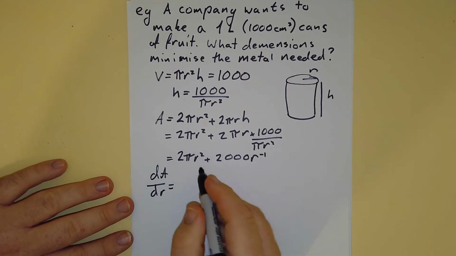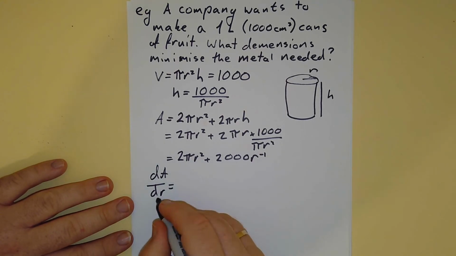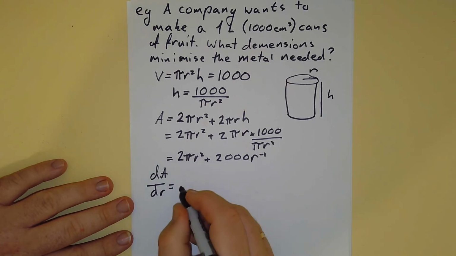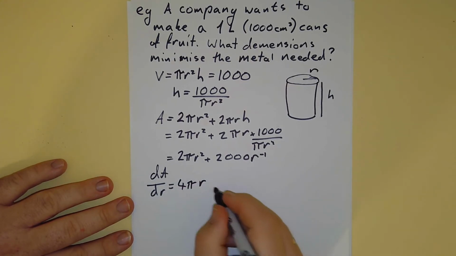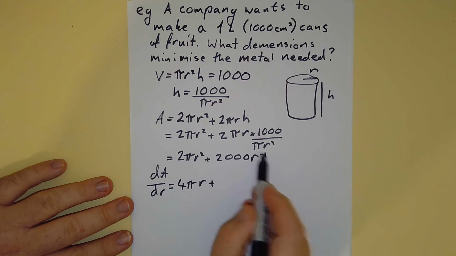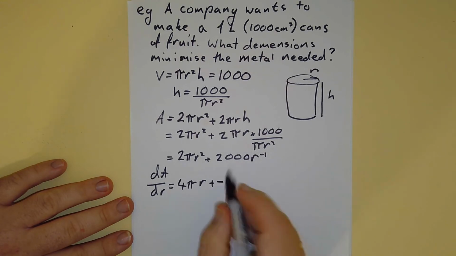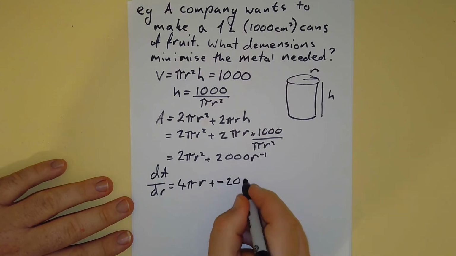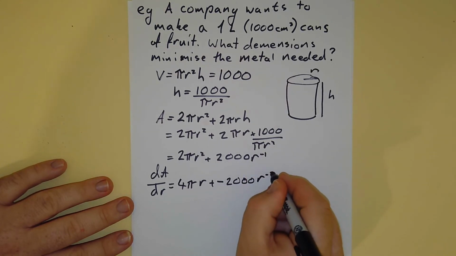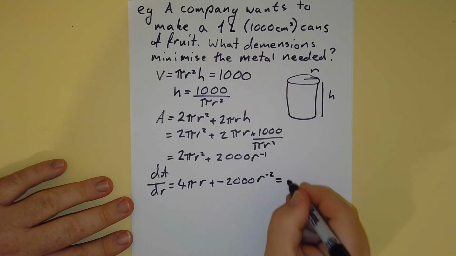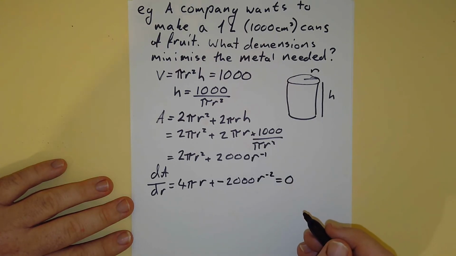The derivative of 2 pi r squared with respect to r: bring the 2 down the front, so 2 times 2 is 4, reduce the power by 1, r. Now here I want to bring the power out the front, so minus 1 times 2,000, just minus 2,000, and reduce the power by 1. And I want that to equal 0 to find my stationary points.